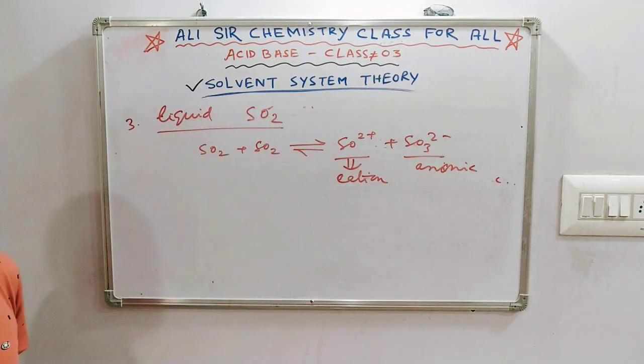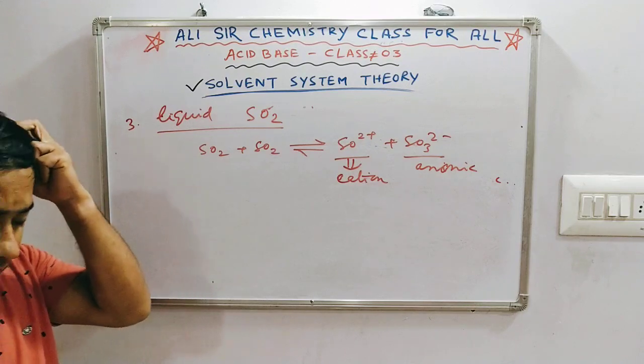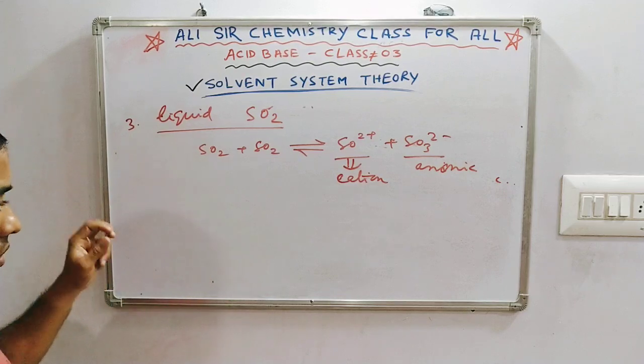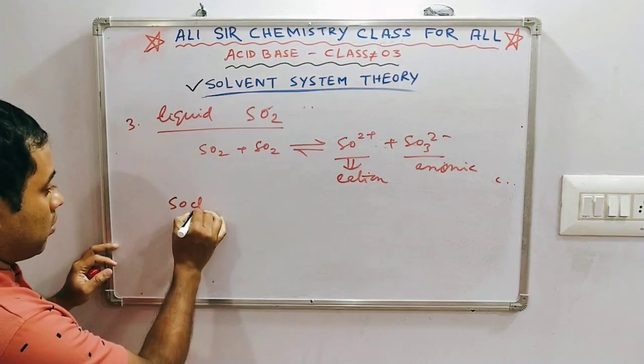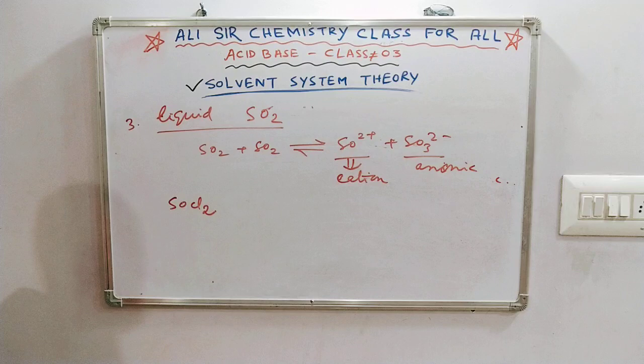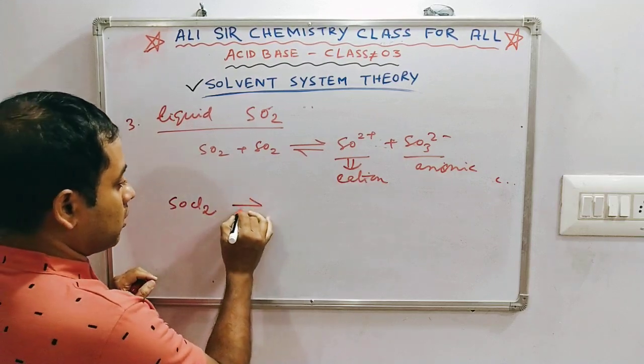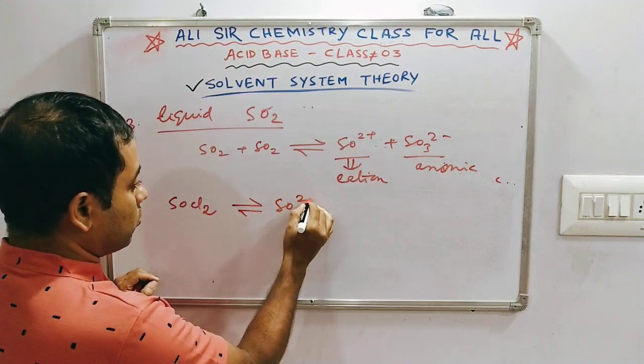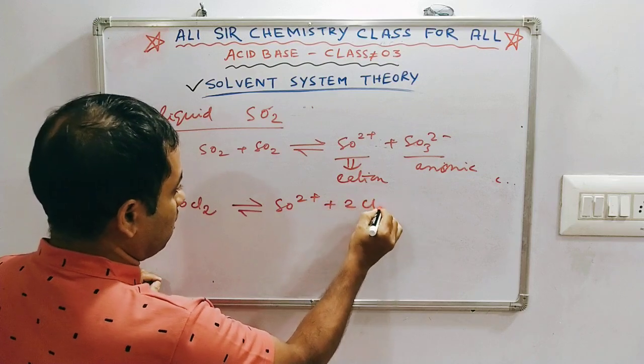So SOCl2 will dissociate into SO2 2+ and Cl minus. Say, for example, we are taking a compound, SOCl2, thionyl chloride. It will decompose to SO2 2+ and 2Cl minus.